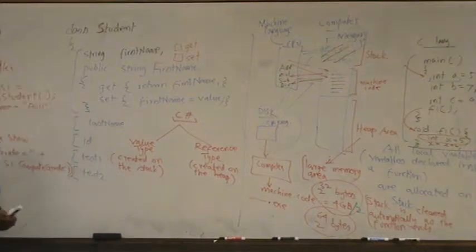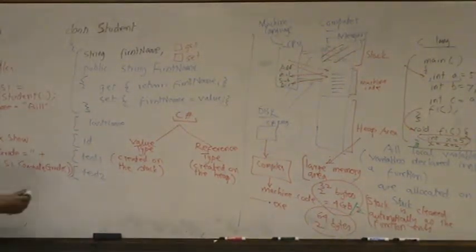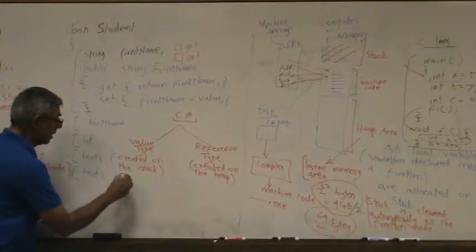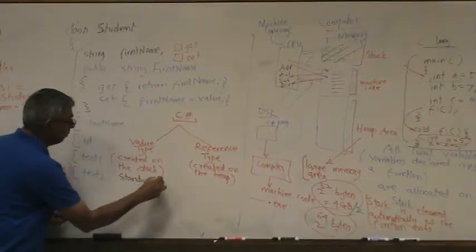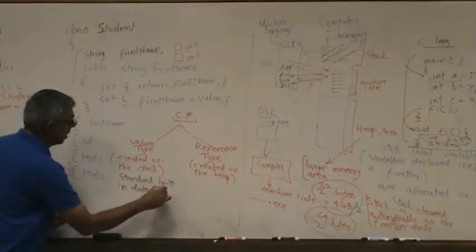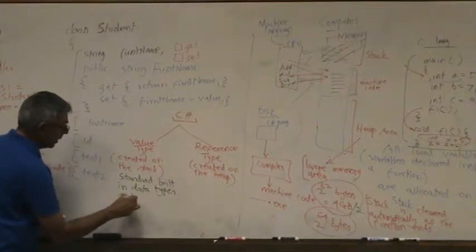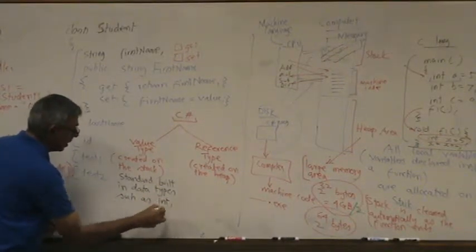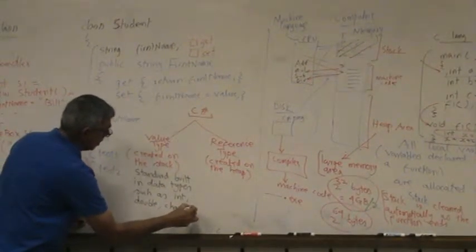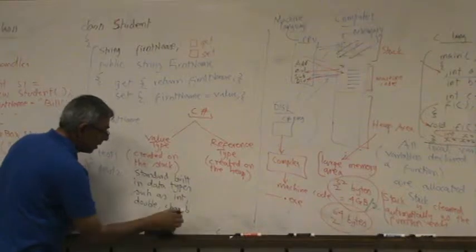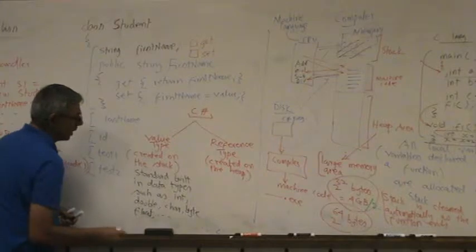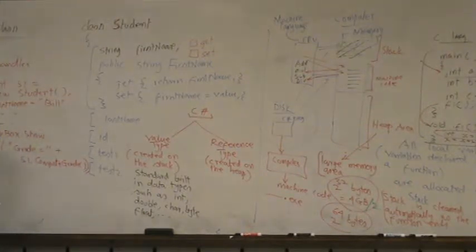So what is an example of a value type? All the standard built-in data types, such as int, double, character, byte, float, and there are a few others, unsigned byte, unsigned character, and so on.